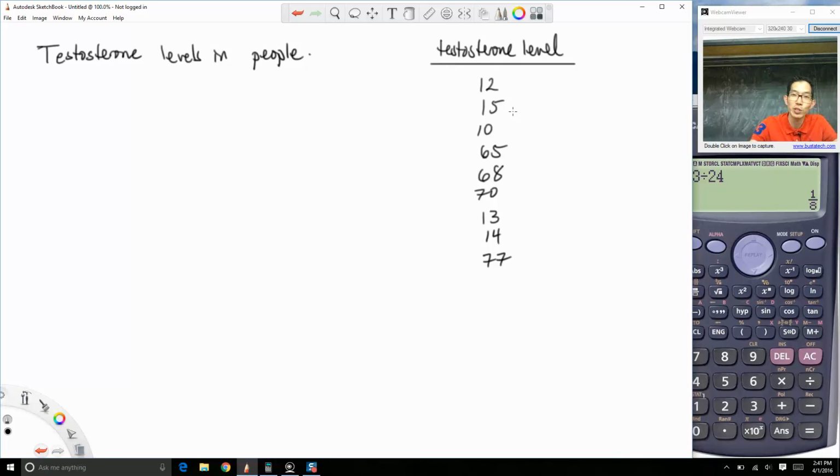Just from looking at testosterone levels, we might be able to guess. It's not going to be foolproof. It's not going to be 100% accurate or anything like that. But if we were to graph this, we would see something that appears like this.